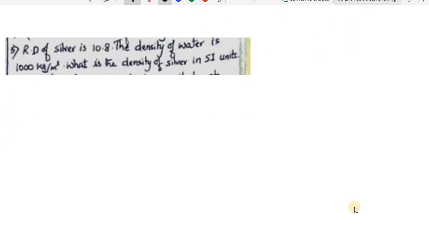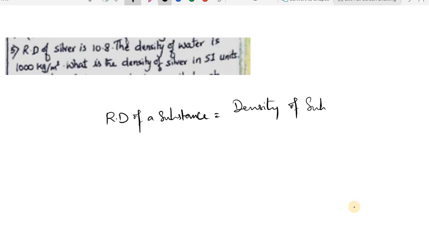The next question. The relative density of silver is 10.8. Density of water is 1000 kilogram per meter cube. What is the density of silver in SI units? The relative density of any substance is equal to the density of the substance by density of water.